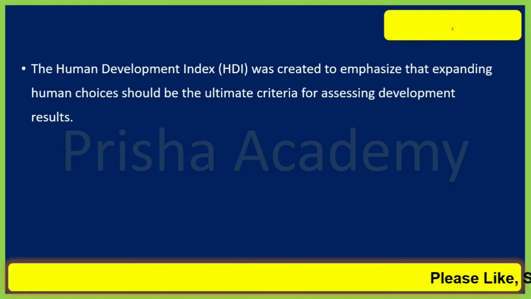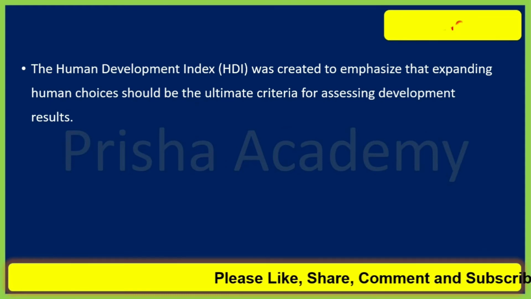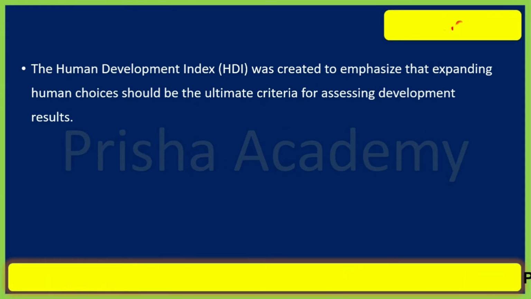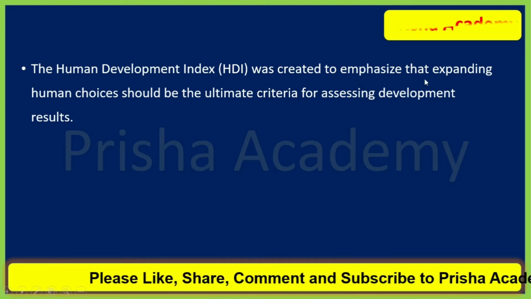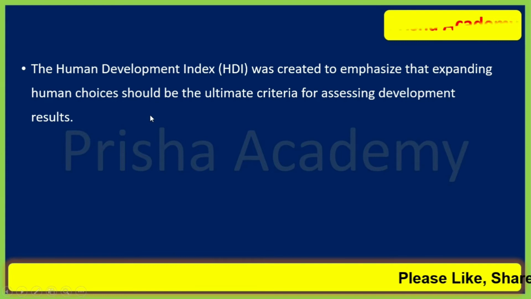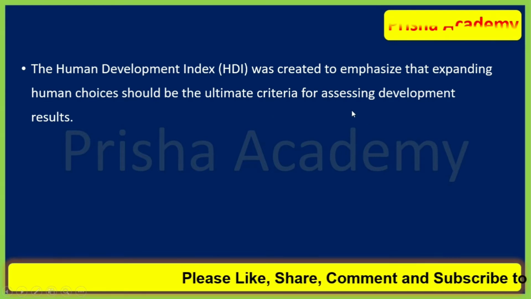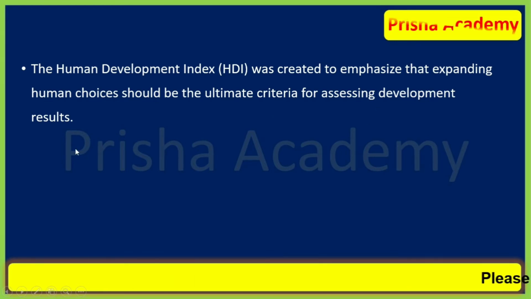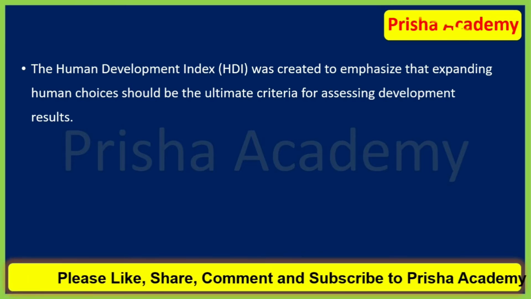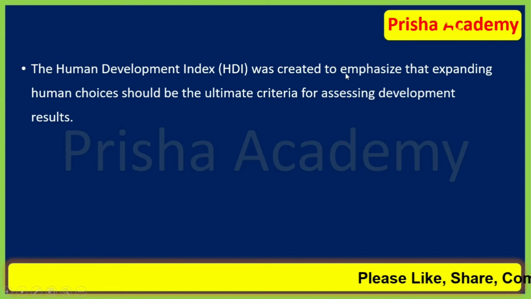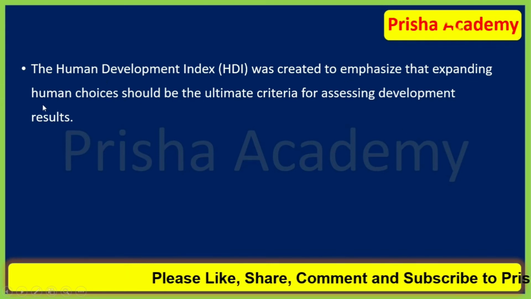Now let's start. The Human Development Index was created to emphasize that expanding human choice should be the ultimate criteria for assessing development results. That means the objective of the HDI was to expand human choices.